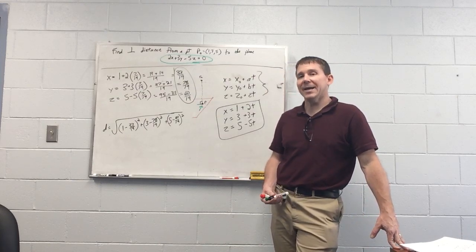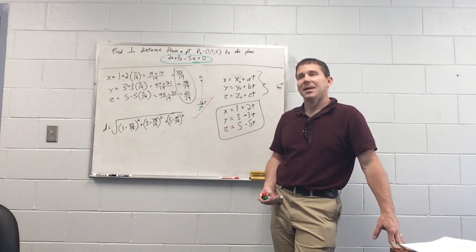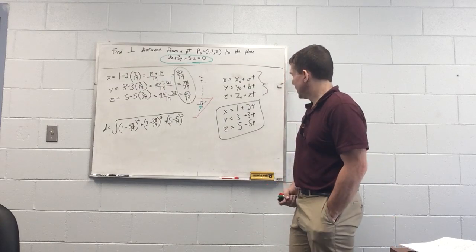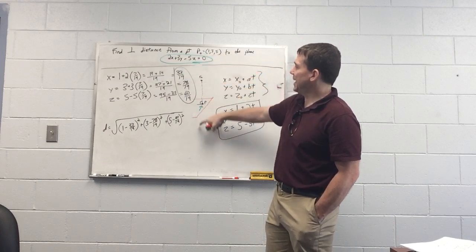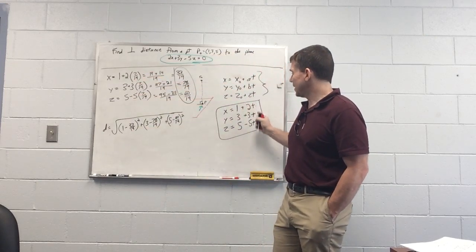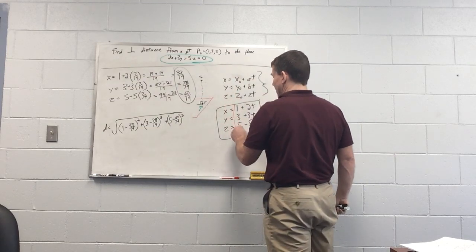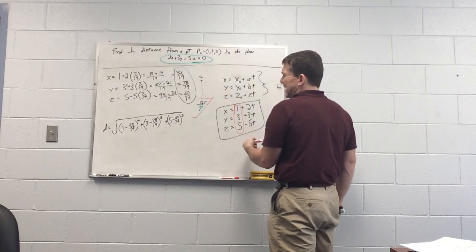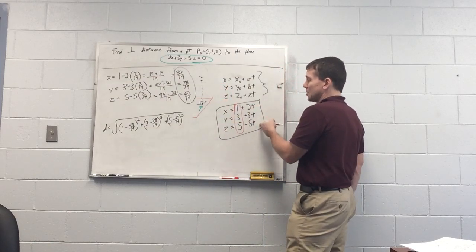And one thing I would point out, as I pointed out in class, once you get that answer, you should be able to tell if it's logical or reasonable, meaning the t value that I found to put that point on that plane was t equal to 7/19, which is really small. Which means when I plugged it in here, if this was my original point right here, that t is not going to move it very much because t is so small.